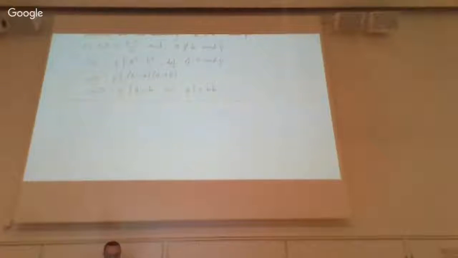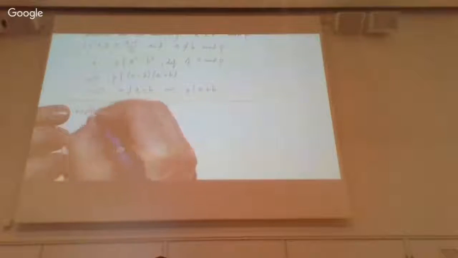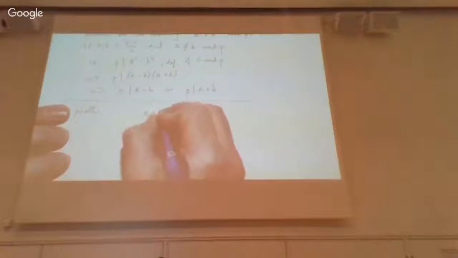So we're just going to investigate both of those cases and show that both of them are contradictory. Neither of them can actually happen. Think about a plus b, for instance.